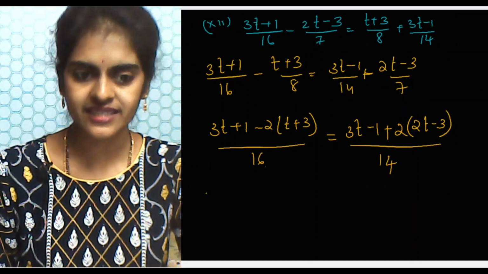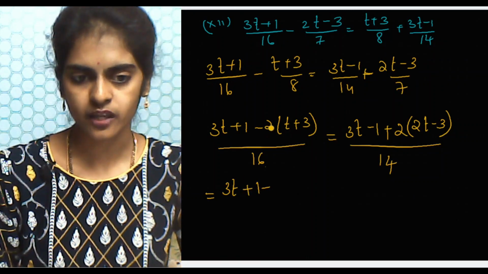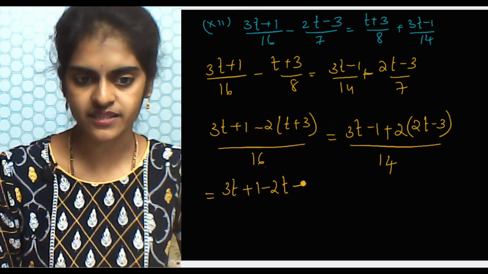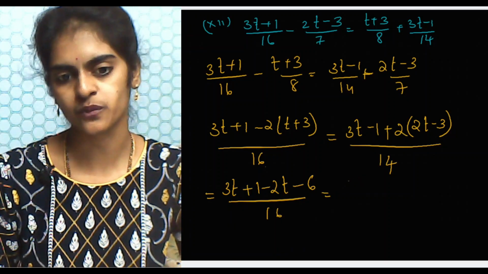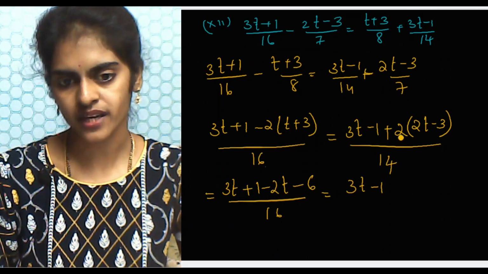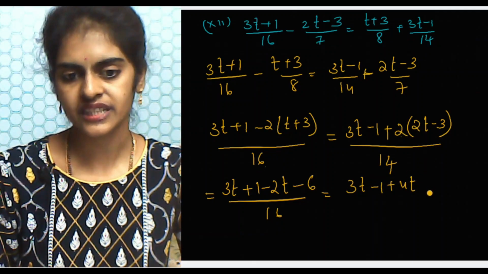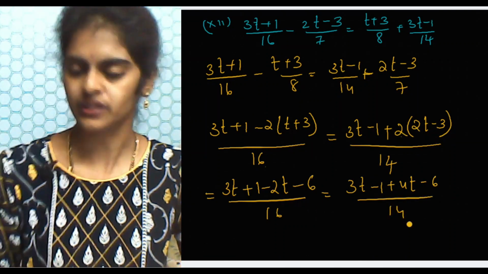Okay, now this is nothing but 3t plus 1, simplifying. Now minus 2 into t is minus 2t, minus into plus is minus, 2 3s are 6, divided by 16, is equal to 3t minus 1 plus 2 into 2 is 4t. Now 2 3s are 6 and you have plus into minus is minus, so minus 6 divided by 14.